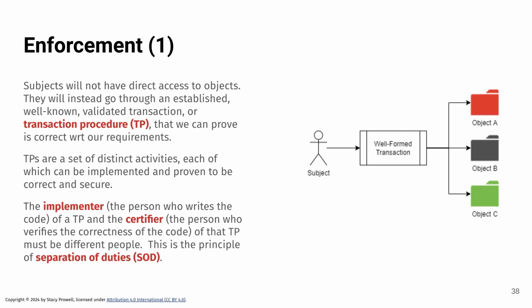We say, well, you should be allowed to, let's say, print a certain object. Here's code that will do that. That code is a transaction procedure. We then say, this subject wants to print this object. So for example, Doug wants to print object A. And we plug those in, and that should give us a well-formed transaction.